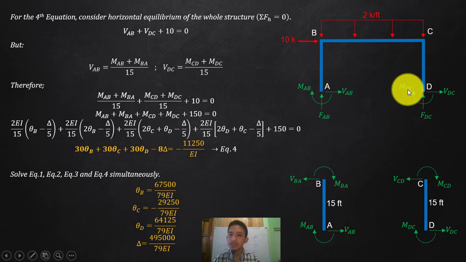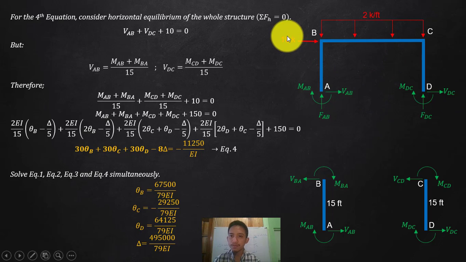So if I cannot use summation of moment on the whole structure, I cannot use, of course, summation vertical, since in the first place it's hard for us to find your FAB, since we do not know your value of VBA and VDC, and you cannot translate that one on the joint, so you cannot get this one. So my only choice here is summation horizontally. Why? That is 10 kips. That is given. Okay. VAB, we do not know that one.